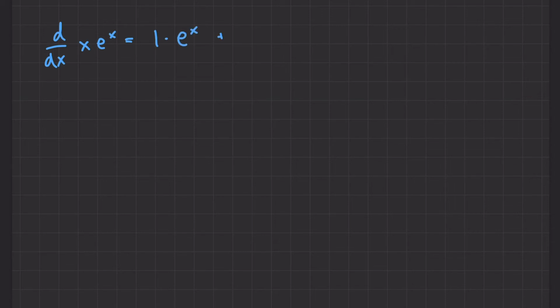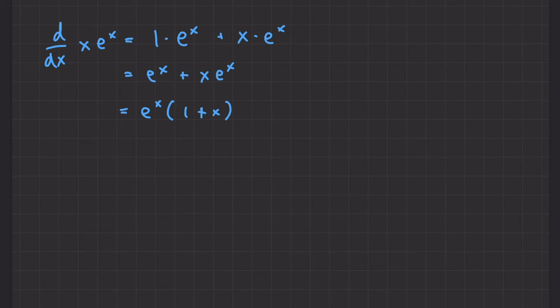Then I add, well, I leave the first one alone, and I take the derivative of the second one. So, well, the derivative of e to the x happens to also be e to the x. So this is equal to e to the x plus x times e to the x, or if you like, e to the x times 1 plus x. Isn't that something? So there's our product rule.